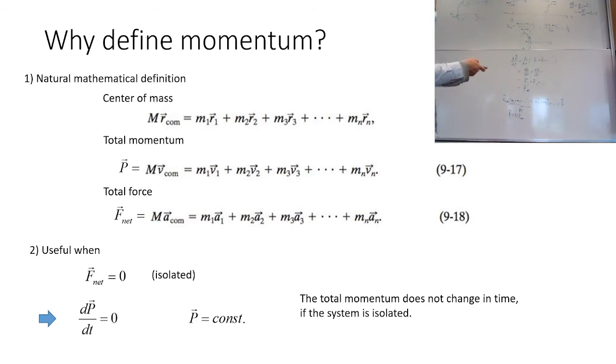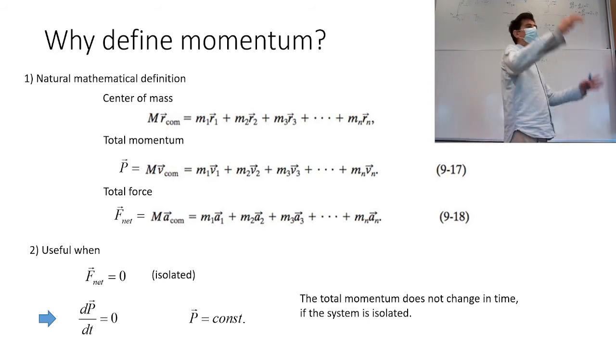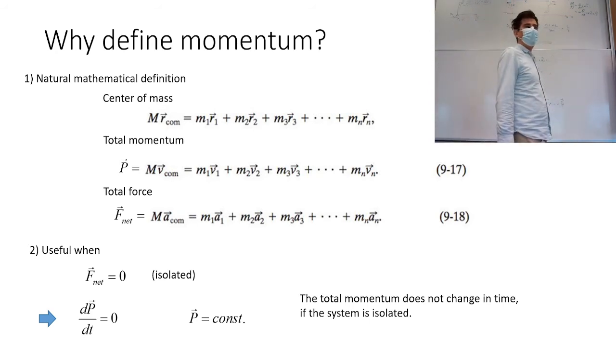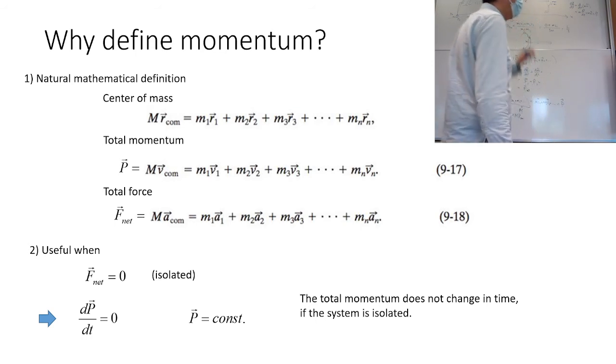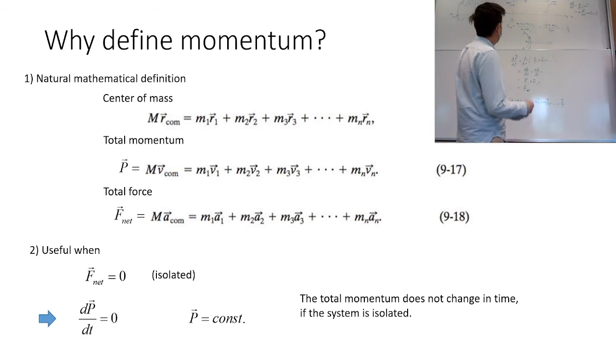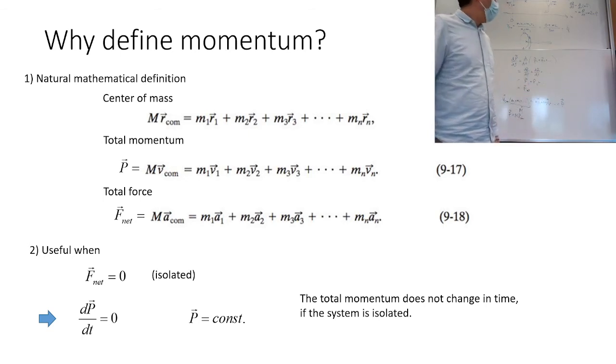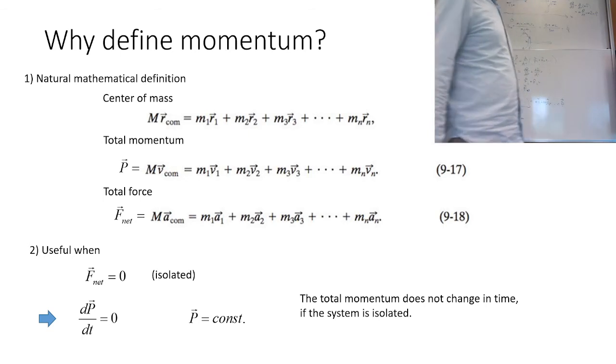Well, I would give two reasons for why momentum is a good quantity to define. Because you can conceivably define all kinds of other funny quantities, right? But why define this particular quantity? Why do we say it's mv? Why is it not some other formula?